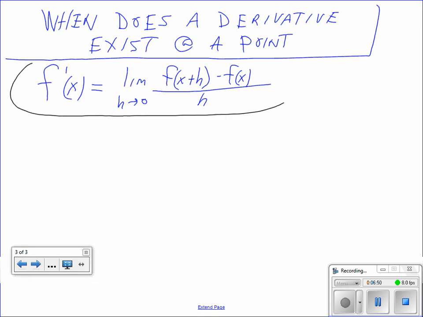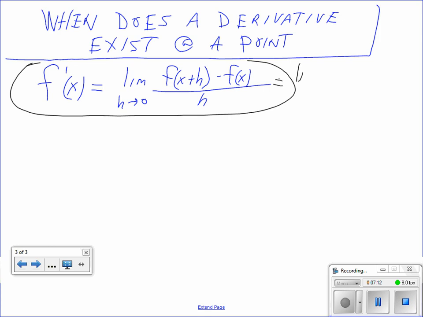But let's look at this. Here's the definition of a derivative, right? The derivative of a function is equal to the limiting process. When does that exist? Well, it exists when the limit exists. How does a limit exist? A limit has to exist if the limit from the right side is equal to the limit from the left side. Remember?